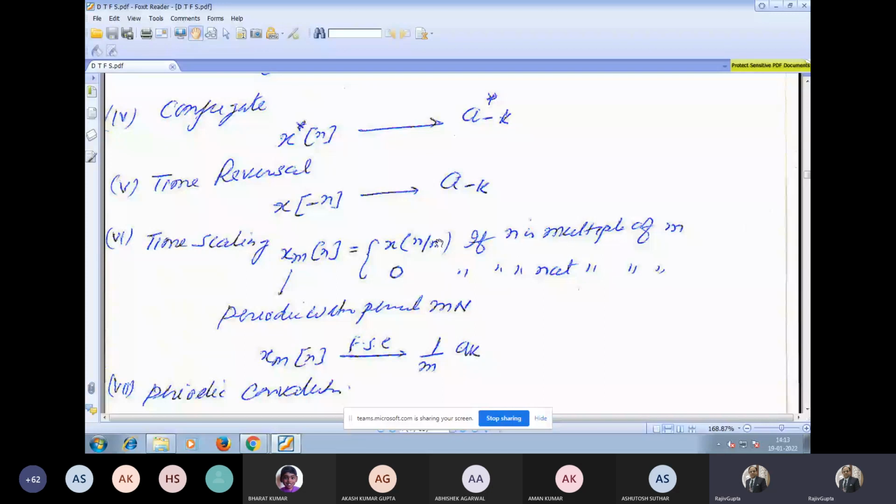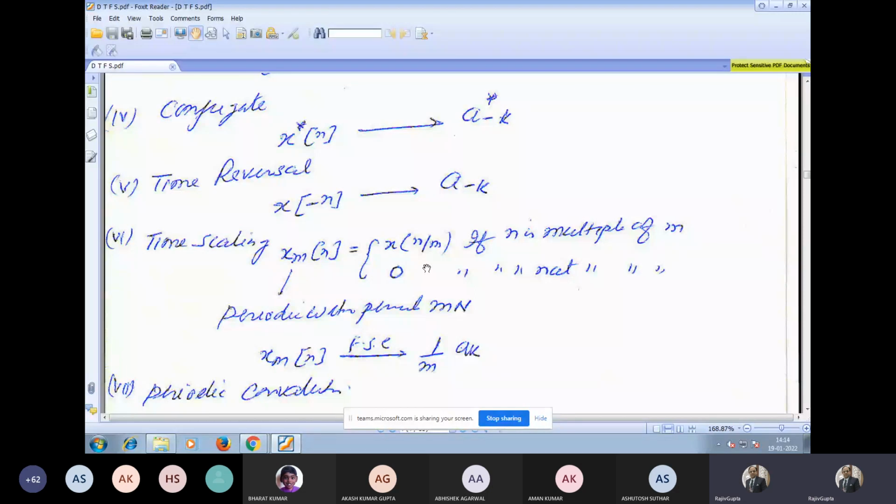Otherwise, the scaling cannot be done, because every time you require that n by m must be an integer, because we are dealing with discrete time signals. And if it is not a multiple of m, we have 0 over there.